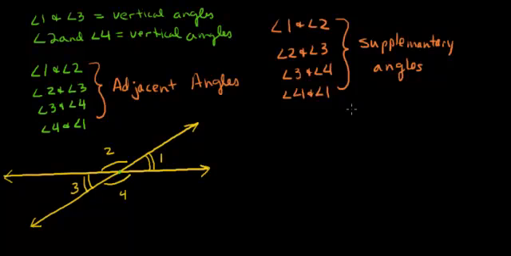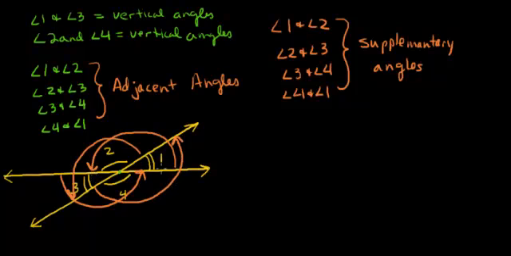Supplementary angles means that the angles add up to 180 degrees. So we can see here angle 1 and angle 2 form a straight line here. 2 and 3, 3 and 4, 4 and 1. All these pairs are forming straight lines.